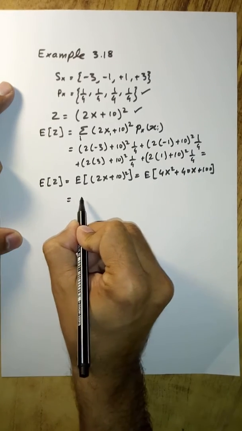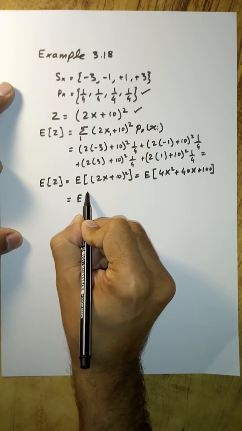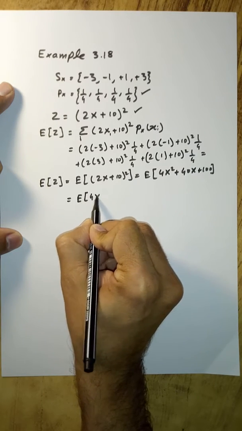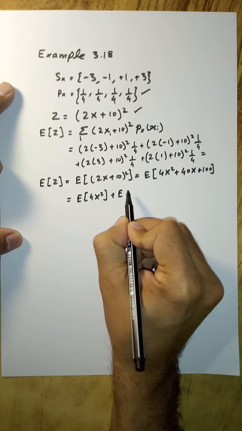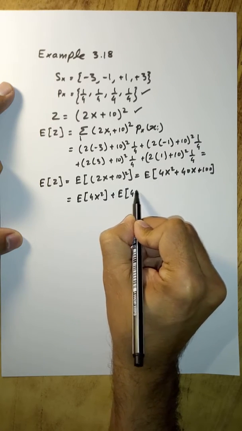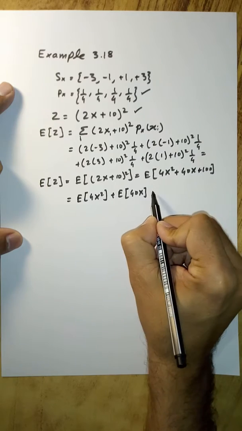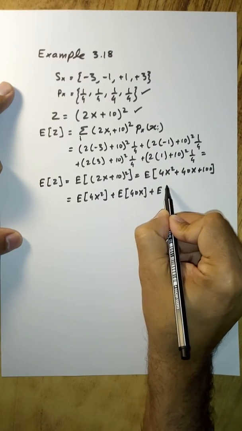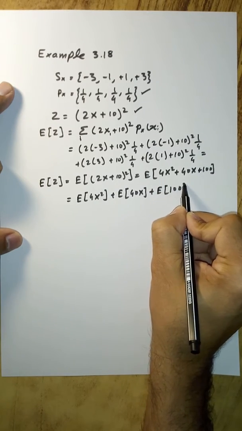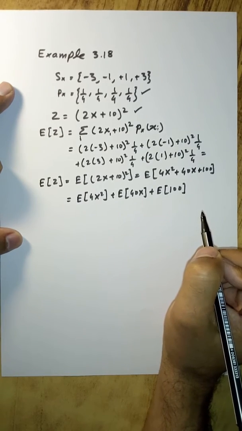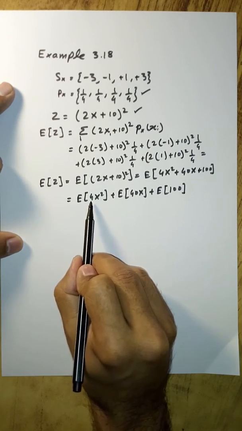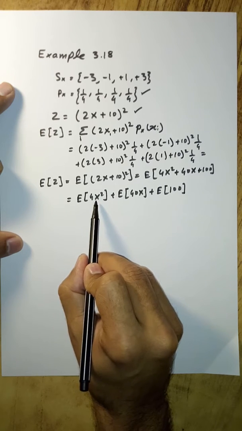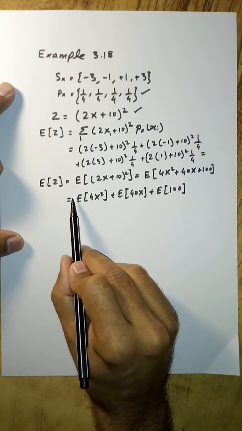So this can be written as the expected value of 4x squared plus the expected value of 40x plus the expected value of 100. Another thing to learn: whenever a constant multiplies a random variable, the constant can be taken out of the expectation.